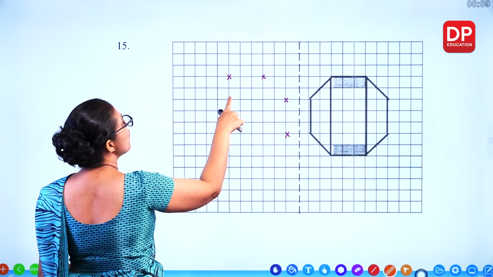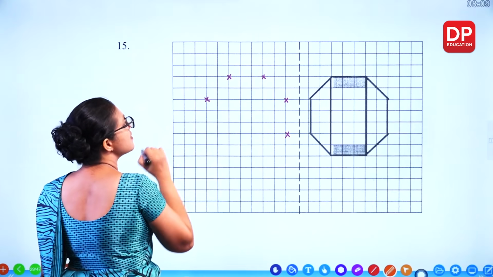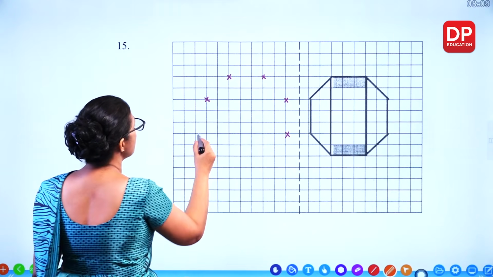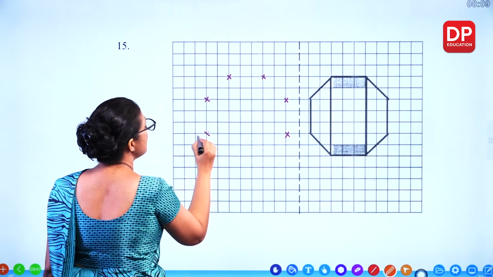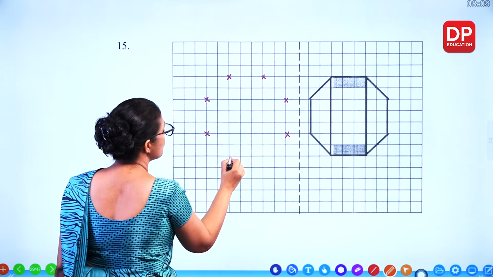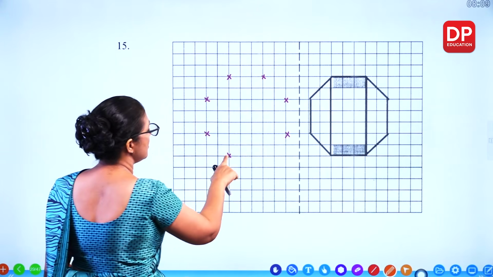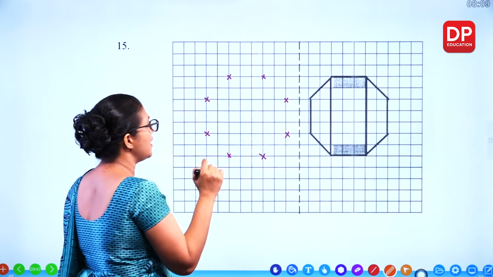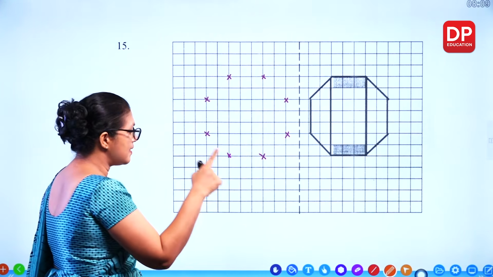So this is the other point. And 3 squares down, this one, and here 2 squares and 2 squares down, and 3 squares to this side. So this is the figure.